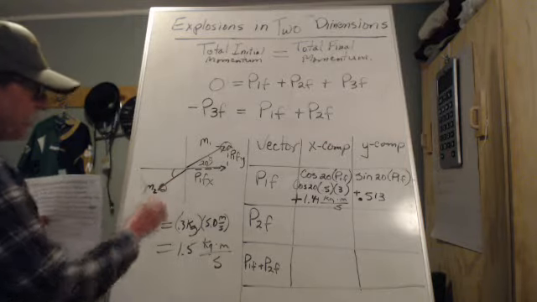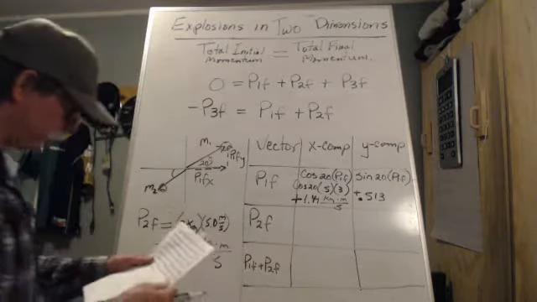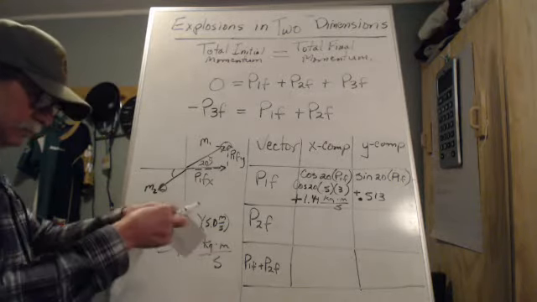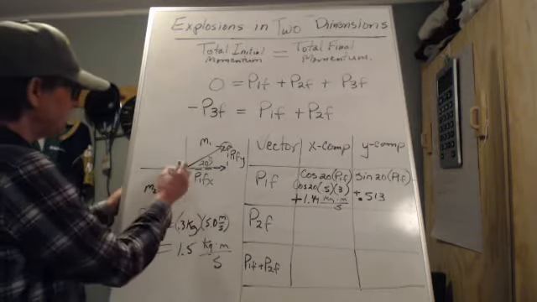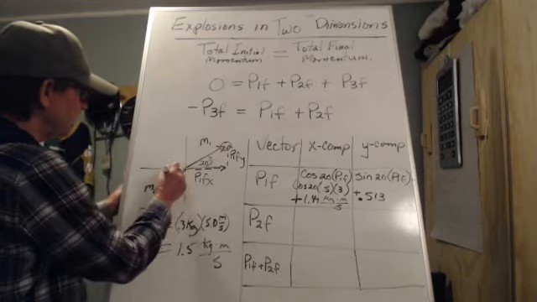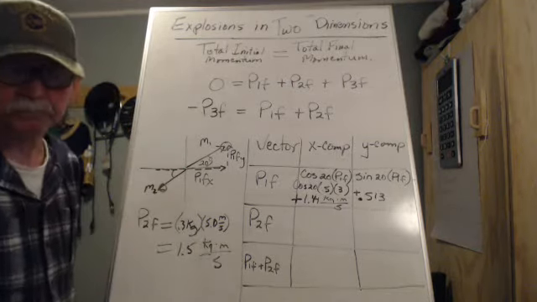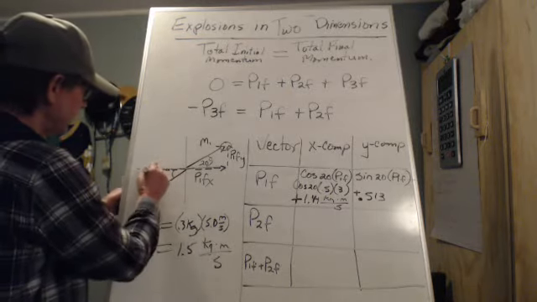So we're going to go over here and we're going to do the components of P2F. I'm going to fill in this chart again. And notice that this is still the cos of the angle, but it's going to the left, which means we have to introduce a negative sign.